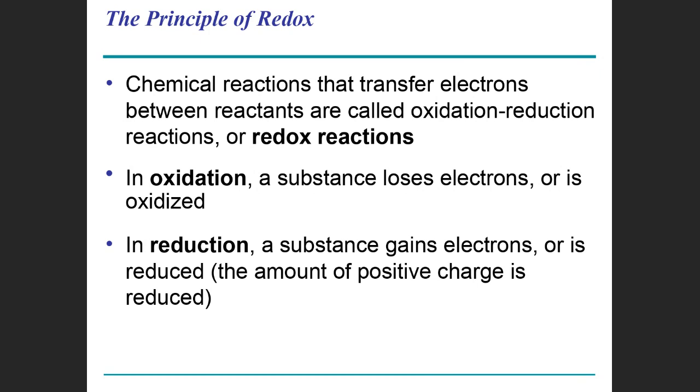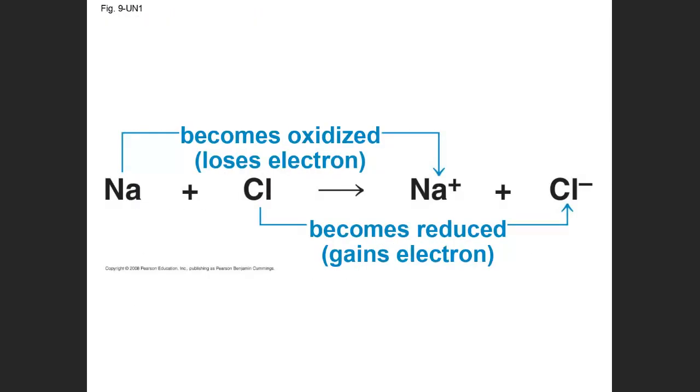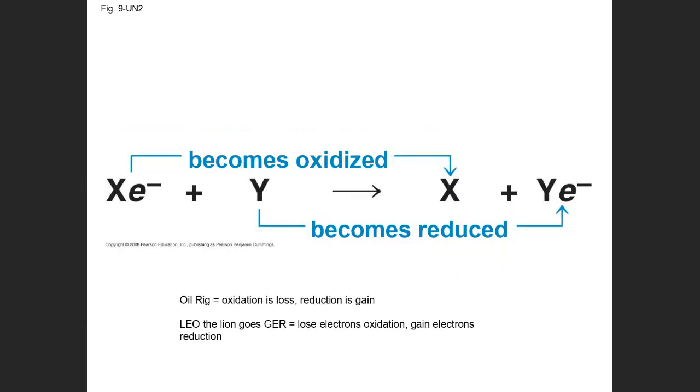But oxidation and reduction are coupled together. And so what I just described with the sodium and the chlorine, a more general type of equation: an electron is donated from one atom or molecule to another one. The atom or molecule that loses the electron becomes oxidized, and the atom or molecule that gains the electron becomes reduced. There are two ways to remember oxidation and reduction.